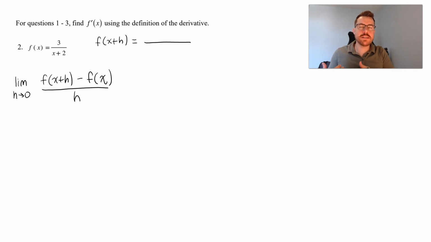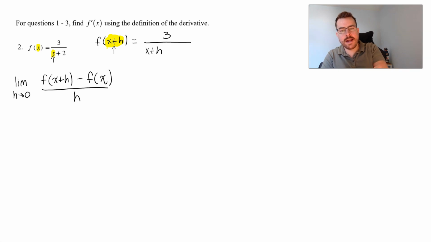If I ask you to find f of x plus h, it means you take x plus h and you just sub that in for the x value here. So wherever you see an x in your function, you're just going to replace that with x plus h. So we're going to leave the 3 on top, but this x right here now is just going to change to x plus h. And then I leave the plus 2 there.